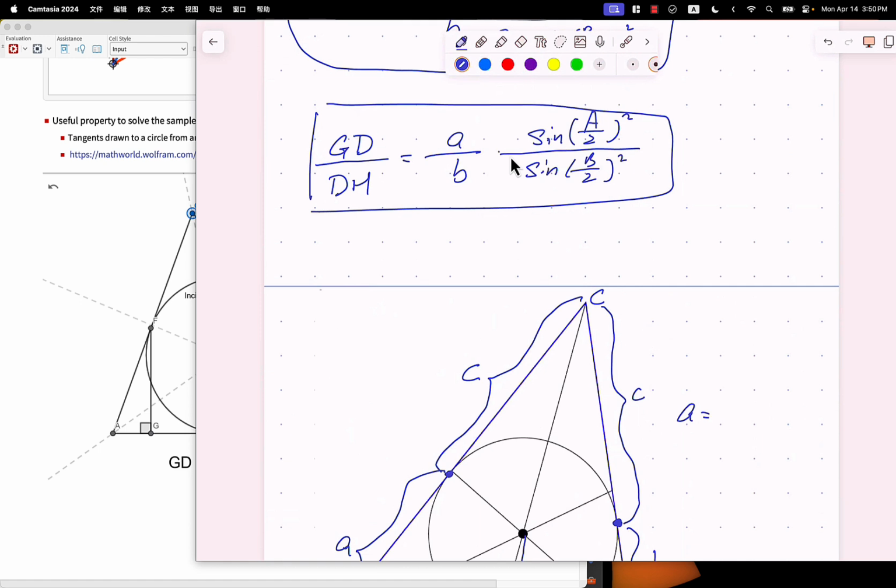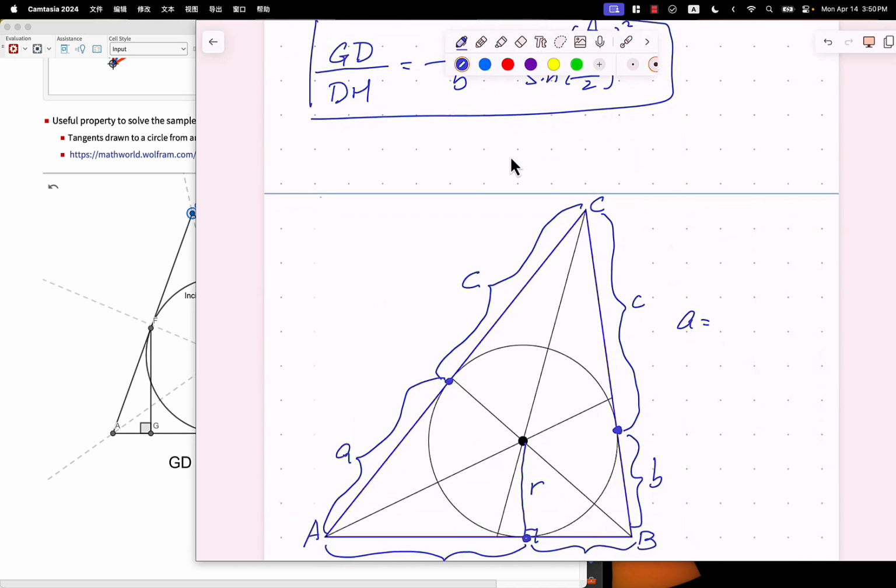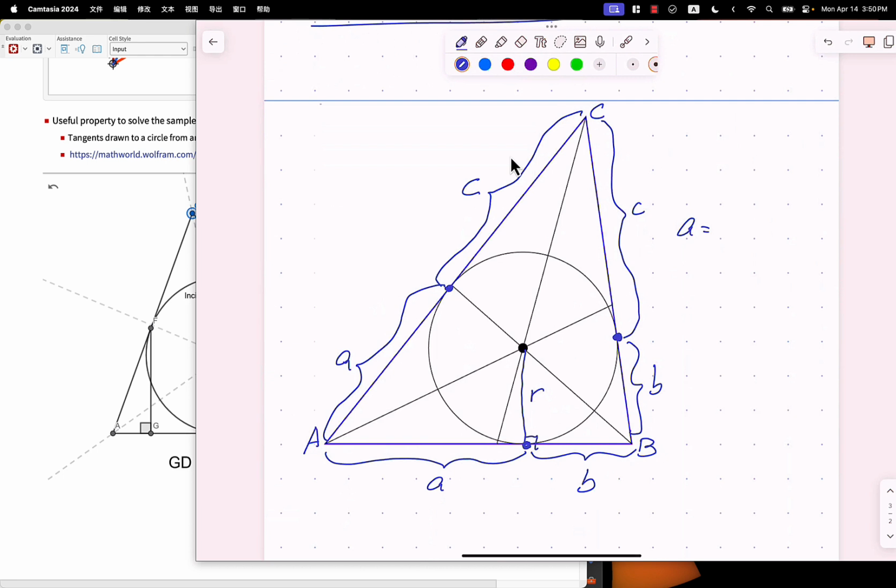So we are pretty close to the solution, but we just want to figure out what a over b means. If we go back to the original diagram, first recall that the incenter is the concurrence of the three angle bisectors. So this angle equals this angle, and this angle equals this angle, right? And this circle is tangent to each side. So what if we draw a line connecting the incenter and the contact point?